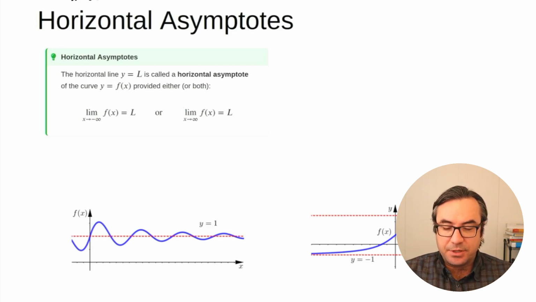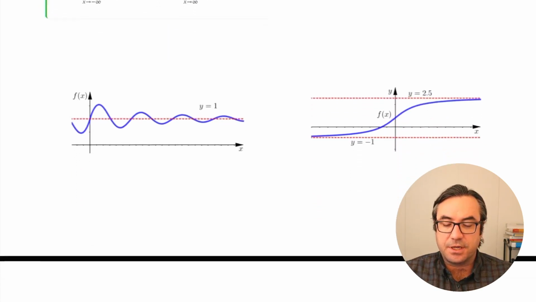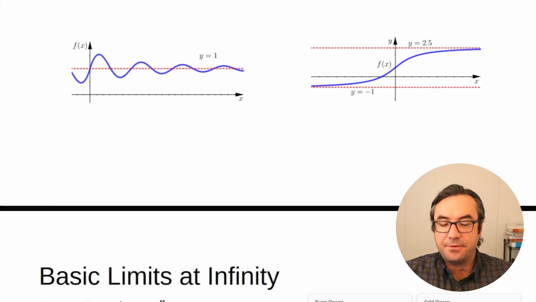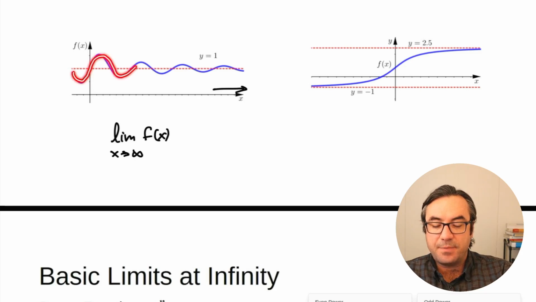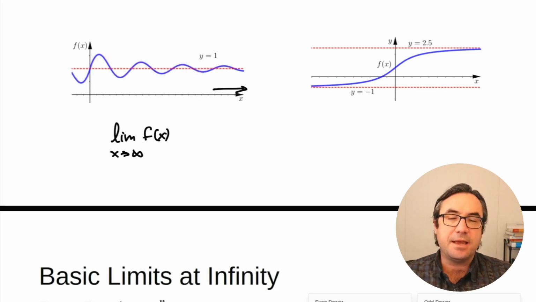So let's see a couple examples graphically of what this looks like. Here we have the graph of some function f of x, and we have this horizontal line y equals 1. Looking at the right end behavior, the function is bouncing back and forth, but it's decaying as we move further to the right.